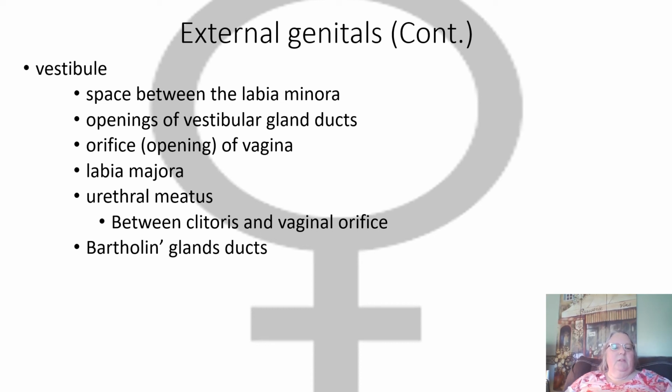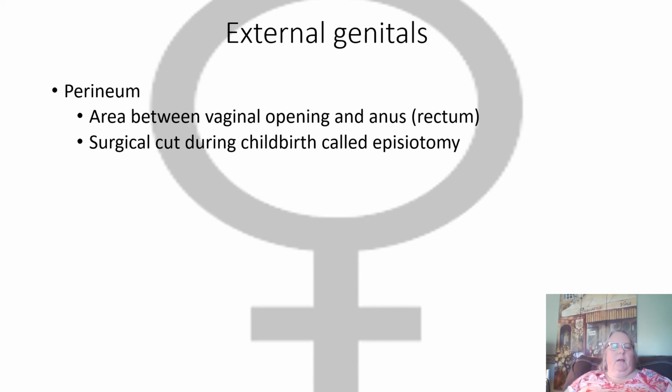Then there is the urethral meatus, and you need to know that the urethral meatus is between the clitoris and the vaginal opening. And the Bartholin gland ducts, which I just mentioned up above. Another part of the external genitalia is the perineum.